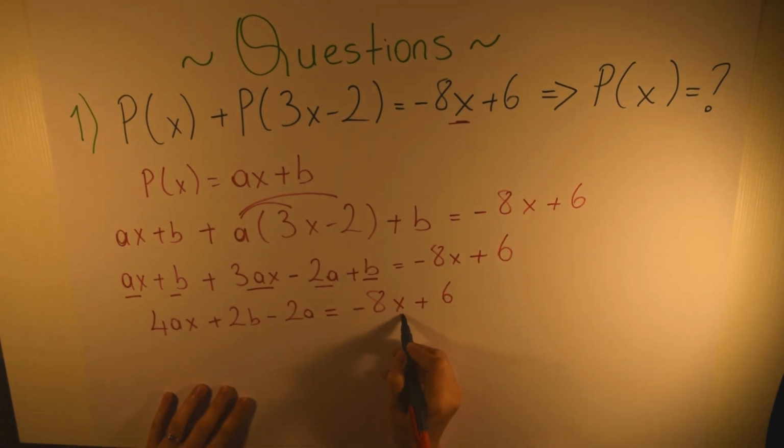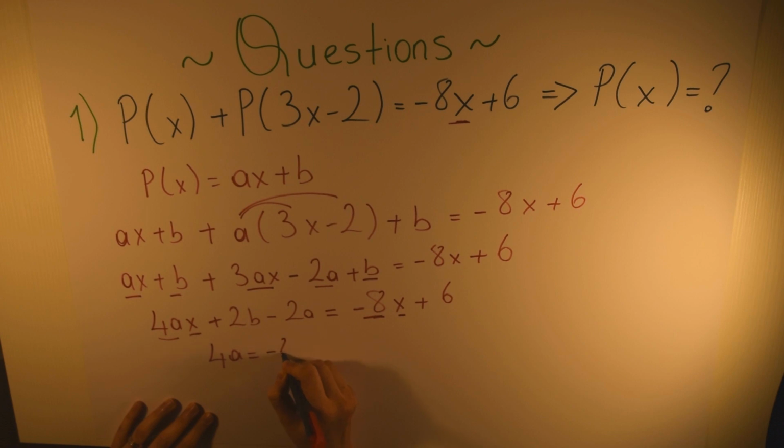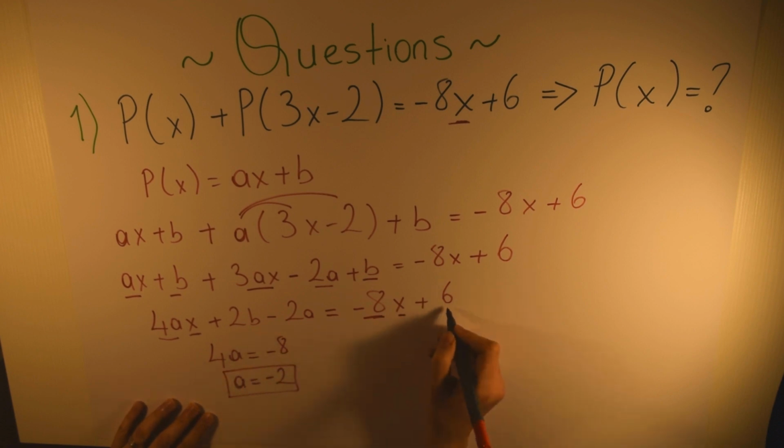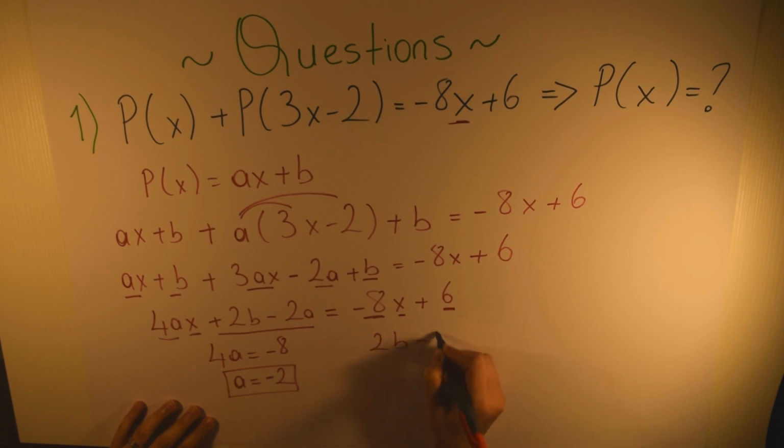In front of x I have minus 8, and on the left in front of x we have 4a, which means 4a is equal to minus 8. So we get a is equal to minus 2. As our constant we have 6, and here we have plus 2b minus 2a is equal to 6.